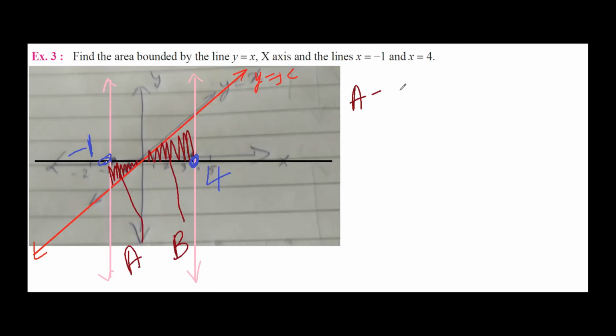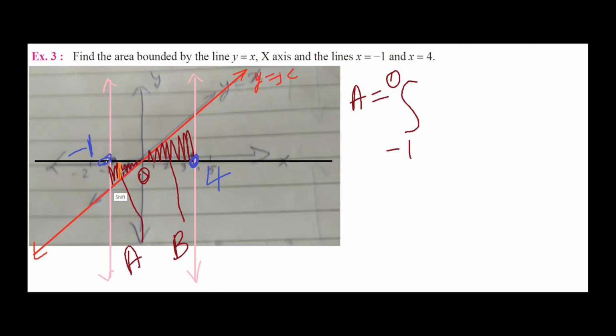So area A, how are you going to find it? The limit goes from -1 to 0, because this is 0. Now, the elementary strip: you can consider this as your elementary strip.